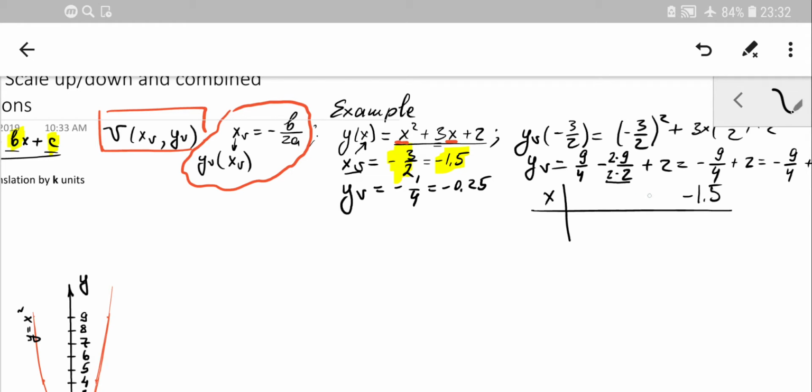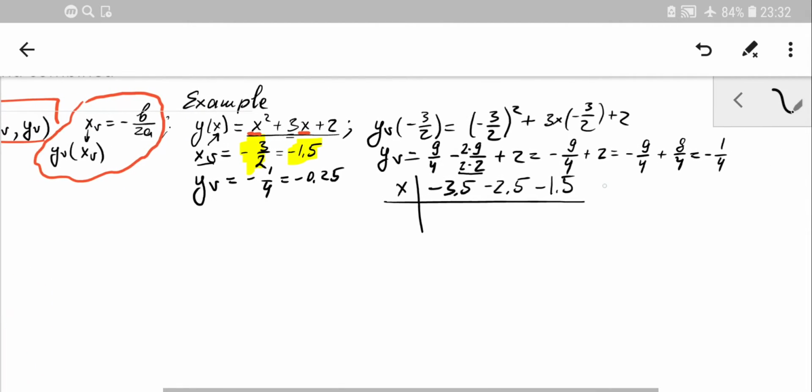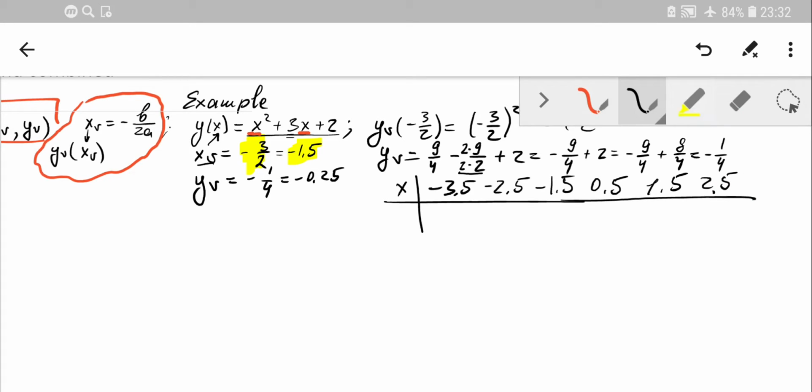For example, you can take a step of 1 and subtract 1, one more time, and also you can easily add 1, so we get 0.5, 1.5, and one more, let's say 2.5. All your data should be symmetrical around negative 1.5.